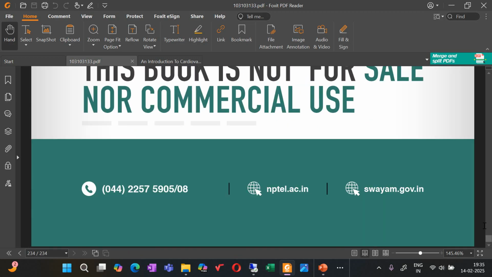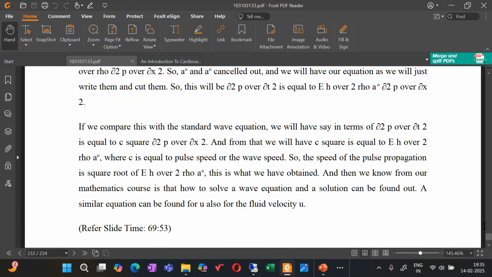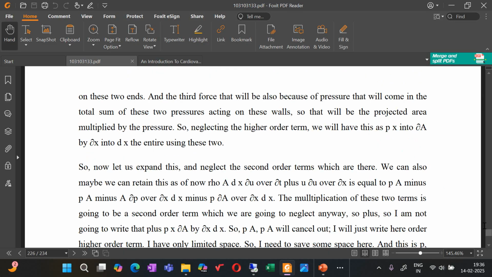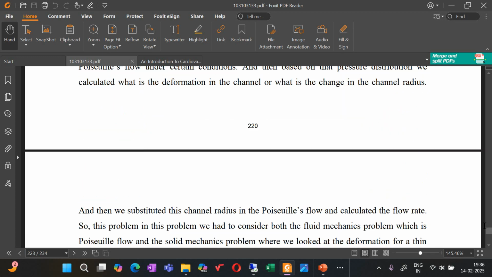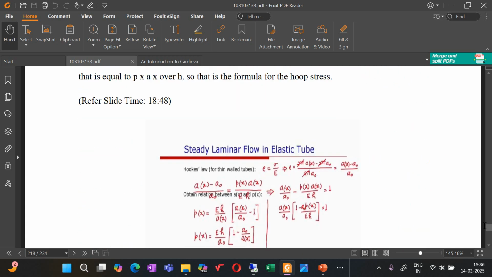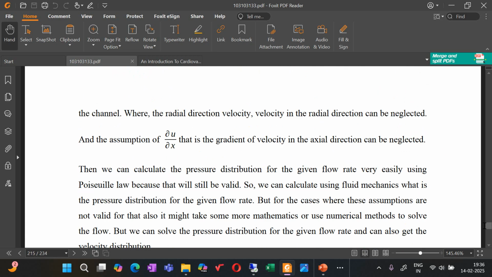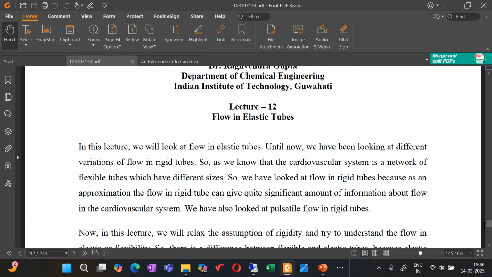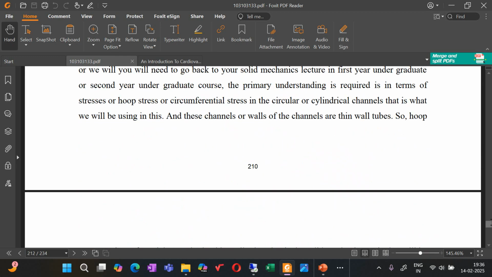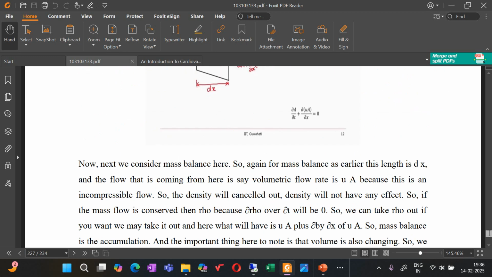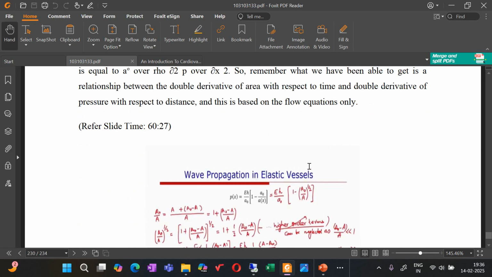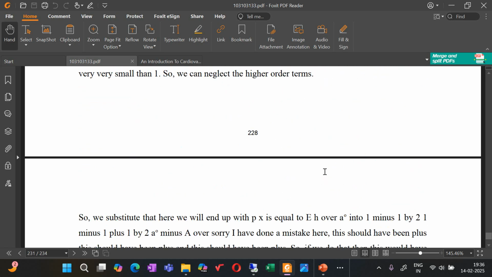Let me just page up. This was where he considered the chambers, and the way this came into the picture, how it is actually treated. So this one is the 12th lecture, and this one is wave 1.